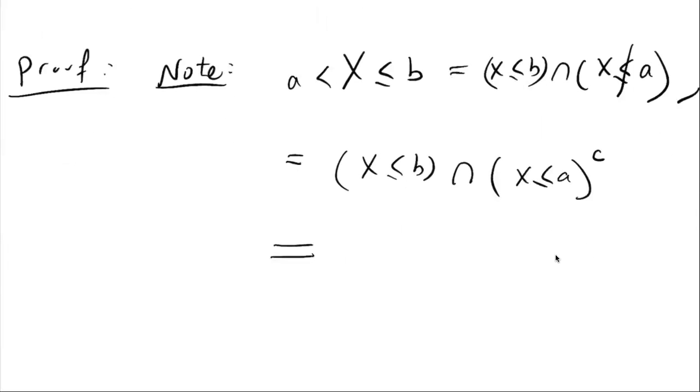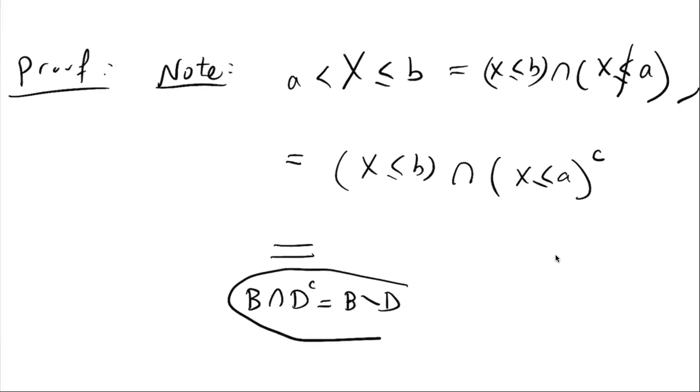And from set theory, we know that if you have two sets, let's say B intersection with D complement, this is same as B minus D. So this is how we define the difference of two sets. B minus D is same as B intersection D complement.